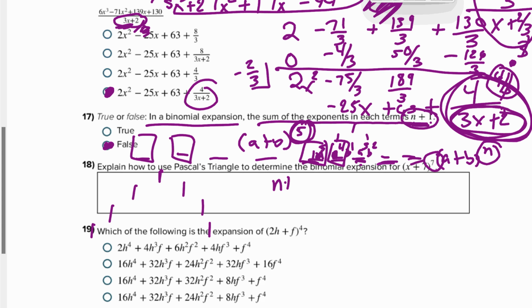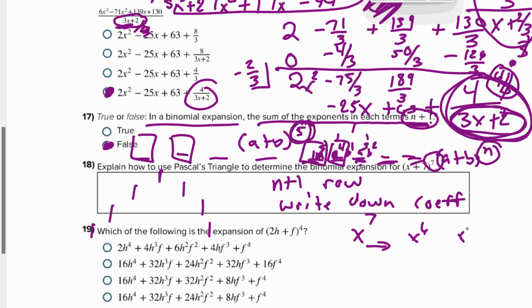I would go down to the n plus 1 row, and then we would write down the coefficients, and then we would start with x to the 7th power, and we would go in descending order to the right, x to the 6th, x to the 5th, and then we would start on the right, last coefficient, with a power of 7 to the 7th, and then we go to the left in descending order, 7 to the 6th, 7 to the 5th, and so on. Right, so that's how you could explain it.